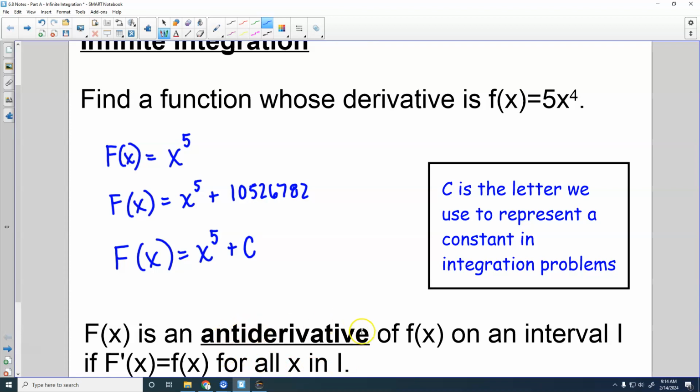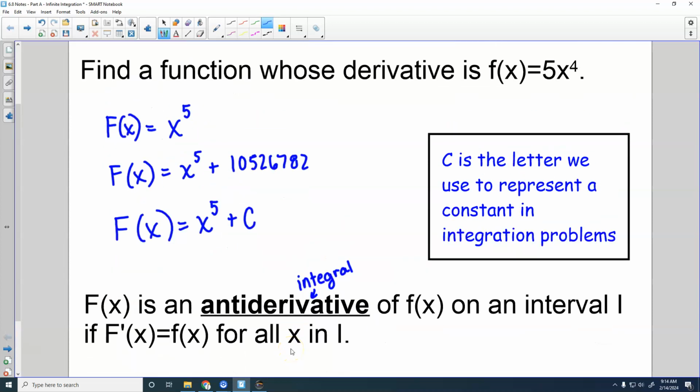The words antiderivative and integral can be used interchangeably. So an antiderivative is doing the reverse of taking a derivative. That also a lot of times is called an integral instead of being called an antiderivative. Those are sort of interchangeable there. Okay, questions?